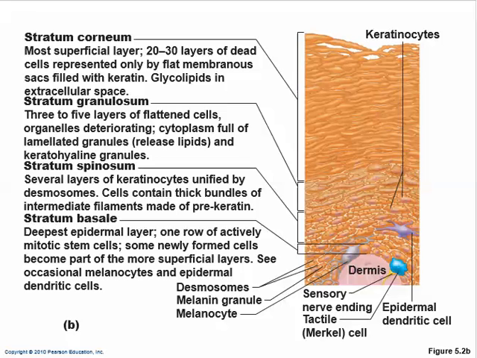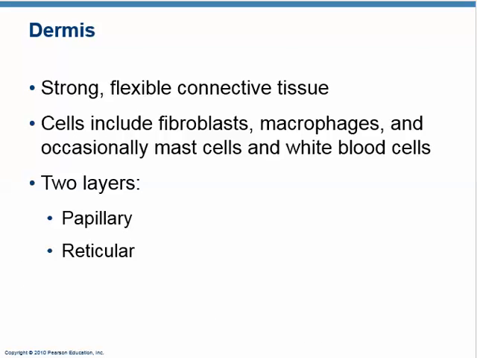Same basic picture. The dermis is the layer underneath. It's a strong, flexible connective tissue made up of two layers, a papillary layer and a reticular layer. As the name suggests, the papillary layer has little fingers or ridges on it, which increases surface area.